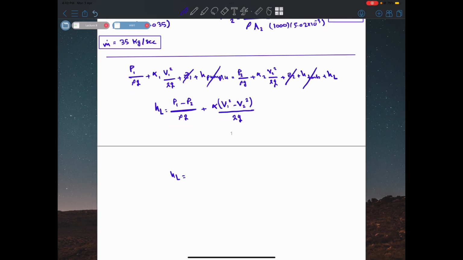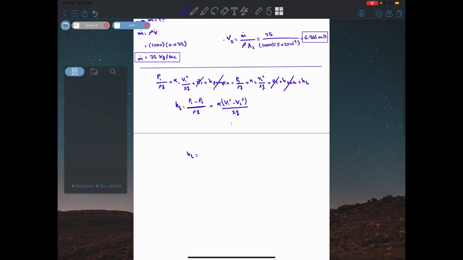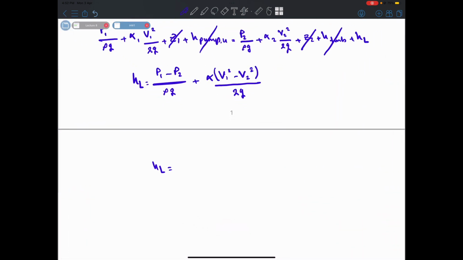Now I will plug in the values that we have already, and some of them we did find. I will write the numbers.